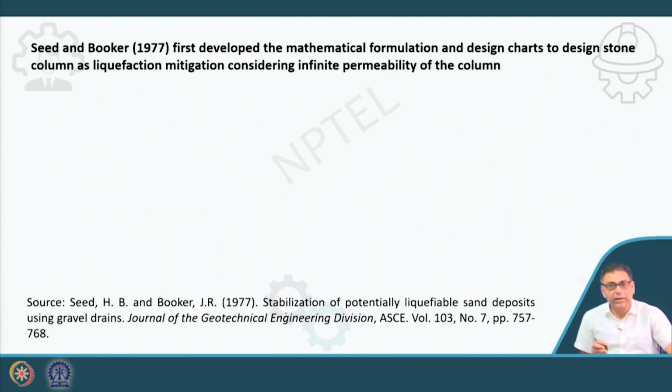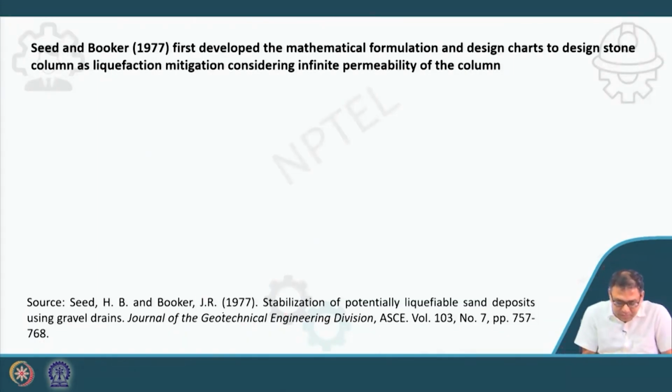Now we will discuss the design methodology. First, Seed and Booker 1977 developed the mathematical formulation and design charts to design the stone column as liquefaction mitigation, considering infinite permeability of the stone column.